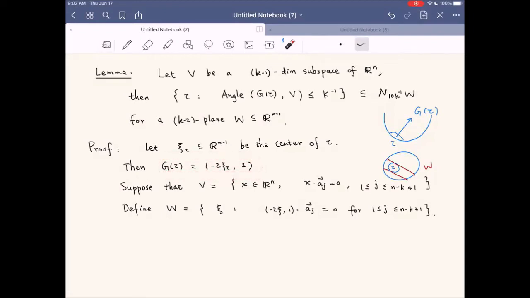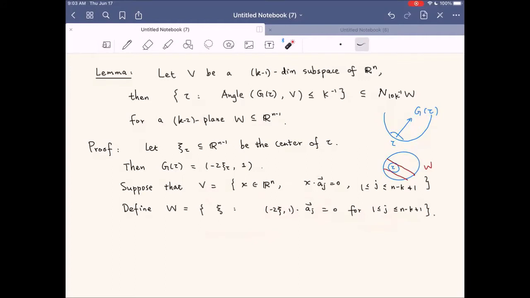We just calculate the normal vector at C tau on the paraboloid. Suppose that V is parameterized by those linear equations, then we can define W to be the set of C such that the corresponding normal vector dot product with those AJ vectors used to define V is 0. And this will be a k-2 plane W in Rn-1.